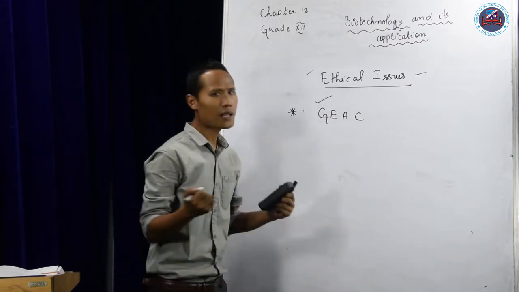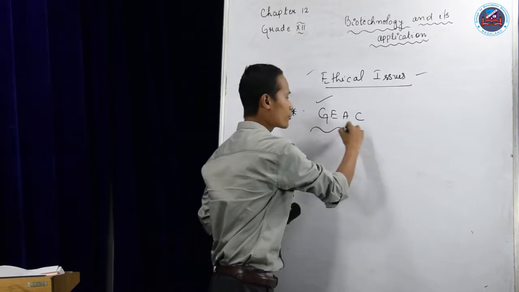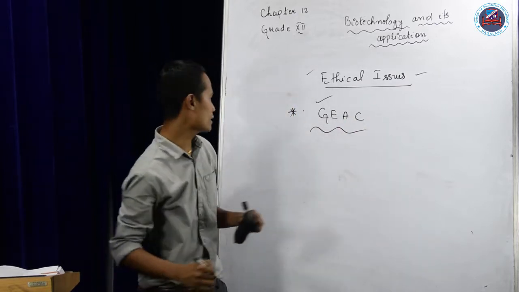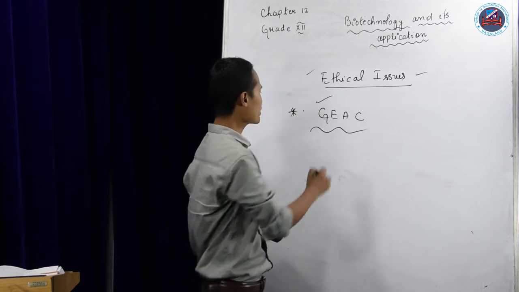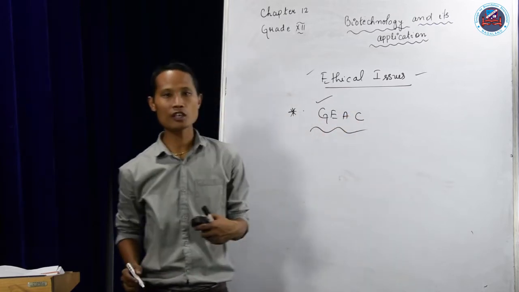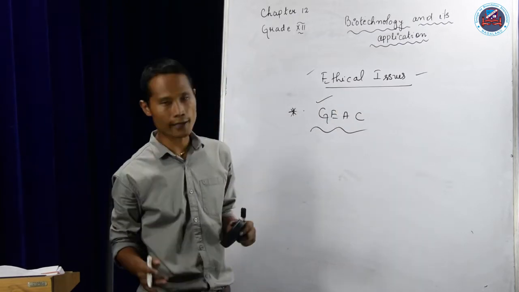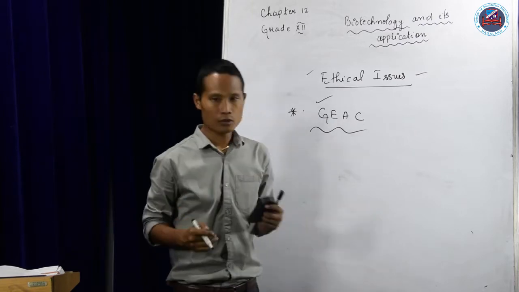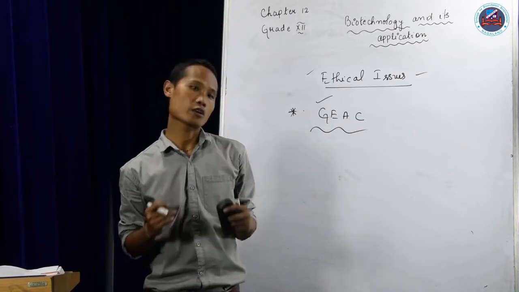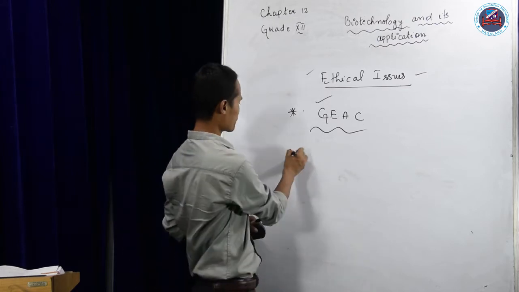If any plant or animal has to be genetically modified, we have to get approval from the government of India. That is controlled and run by the Genetically Engineered Approval Committee. Okay, after that approval only certain research can be done. But as human beings, we cannot do any modification to any of the organisms.